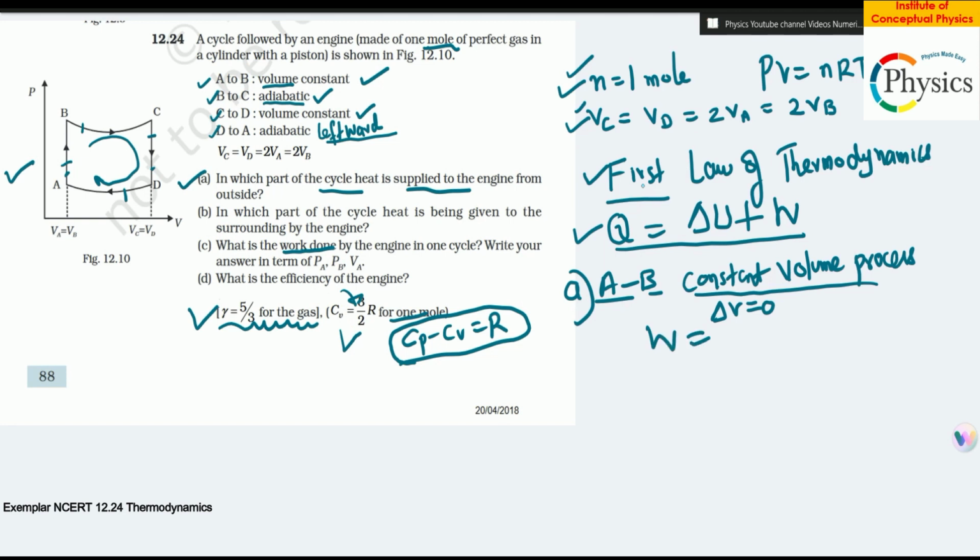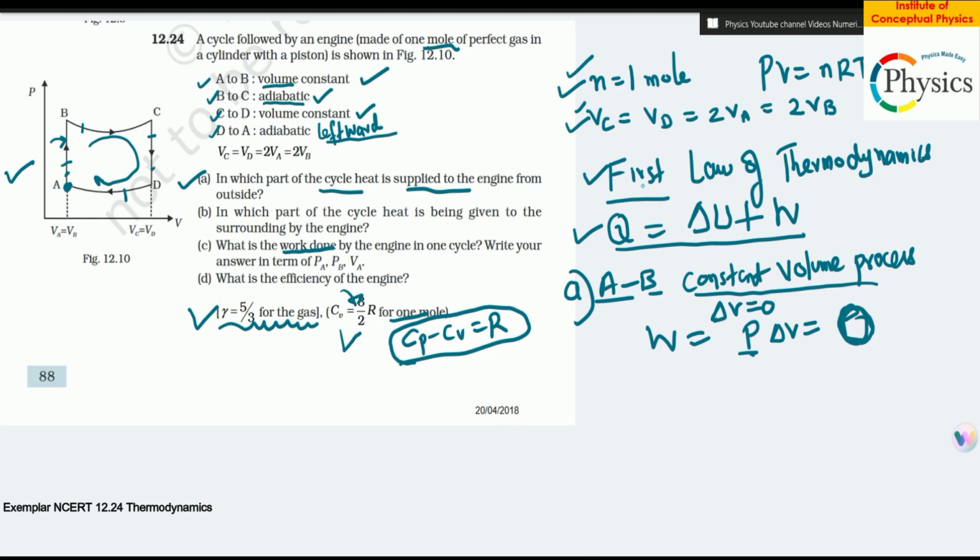So the work done is P delta V. P is changing from here to here, but even if P is not constant, P is increasing. The net work done is zero because AB has no area under it. It's a constant volume process. Delta V is zero, so this has to be zero. No work is being done here, right?